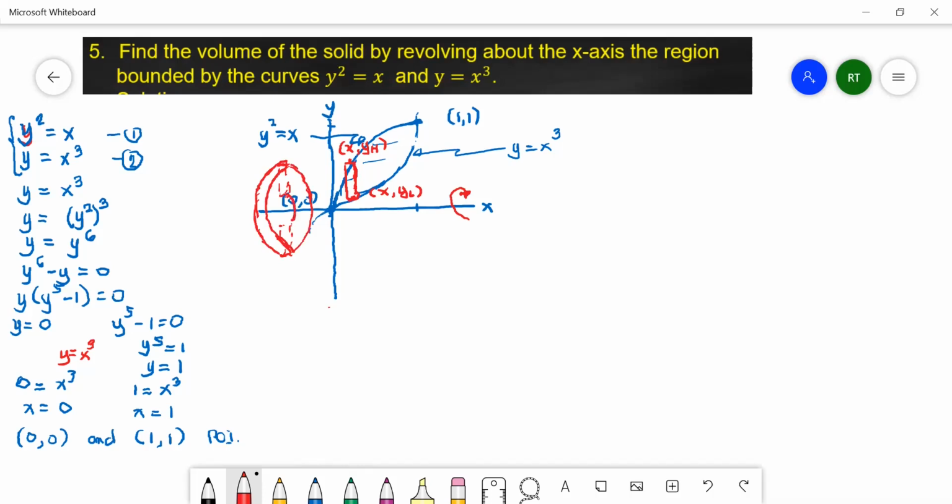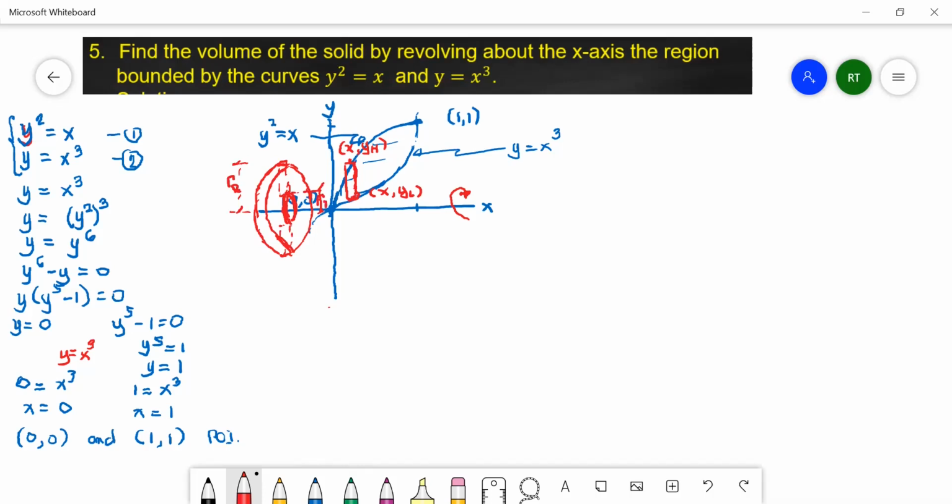And that must give us a hole in the design. Okay. And of course, this will be the outer radius R2, and the inner radius is this R sub 1.